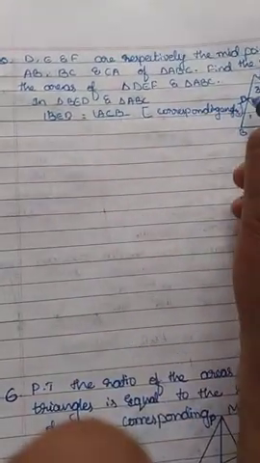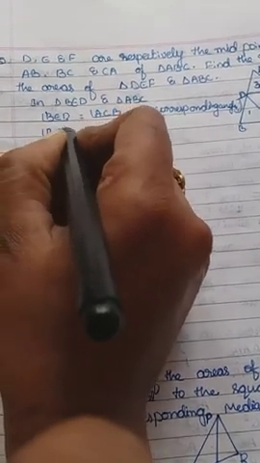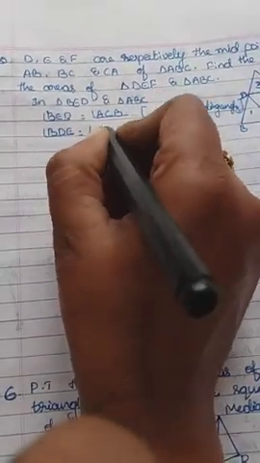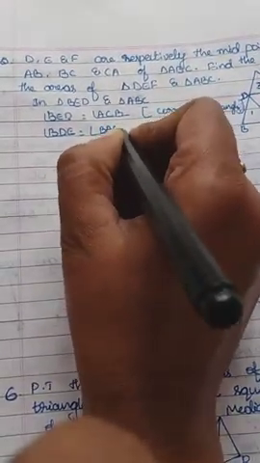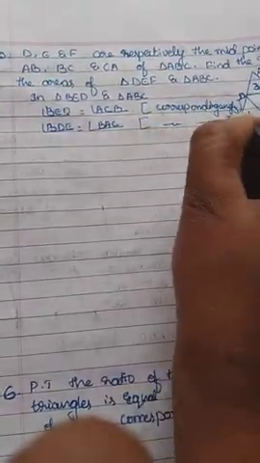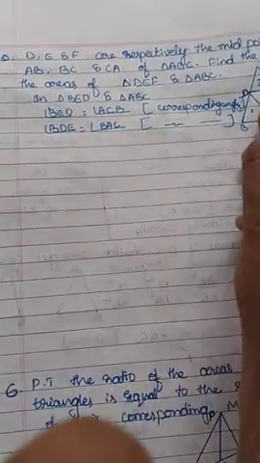One more corresponding angle we can get, that is in triangle BDE. Angle BDE corresponds to BAC, or CAB, however we can write. Those are also corresponding angles. And there is also a common angle for both.